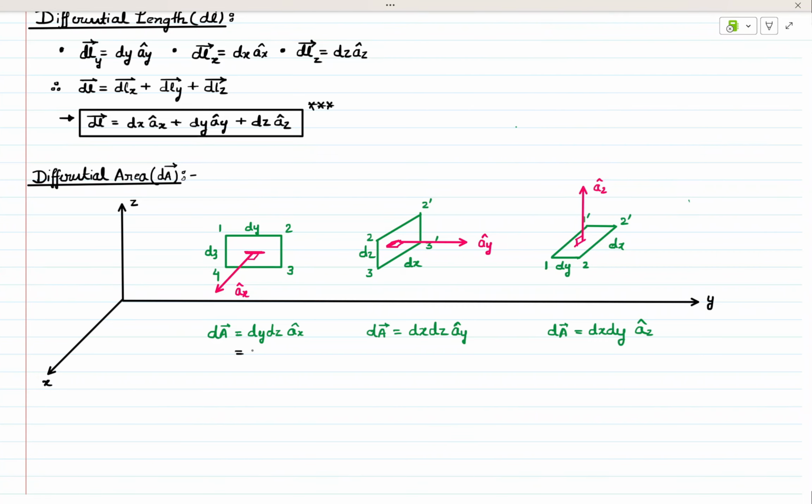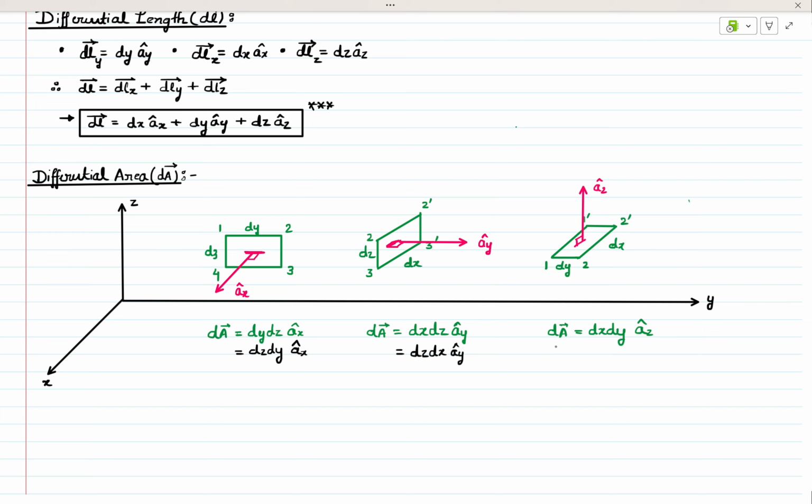You can also write it as dz dy, no problem about it. But don't change the sign of the unit vector. If you write dz dy, it is not wrong, but the unit vector will be in the same direction. Similarly, you can also write dz dx, no confusion about that.